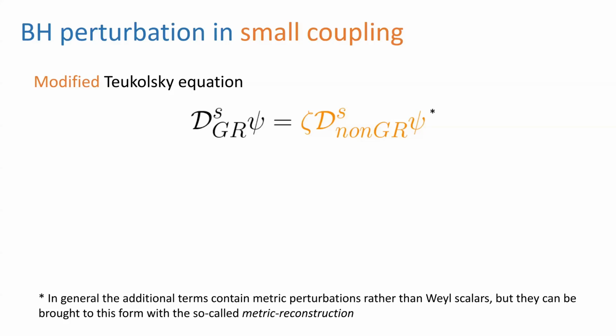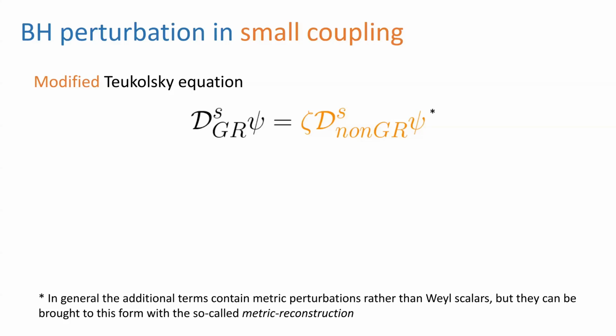But the idea is the following. You take the Teukolsky operator, and then you compute what are the corrections at first order in the coupling to this operator. If you're familiar with the Teukolsky formalism, there will be some terms here that will be proportional to the perturbations of the metric.